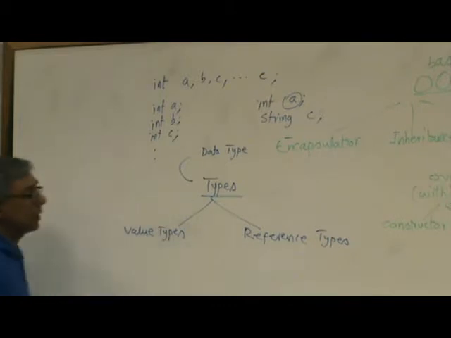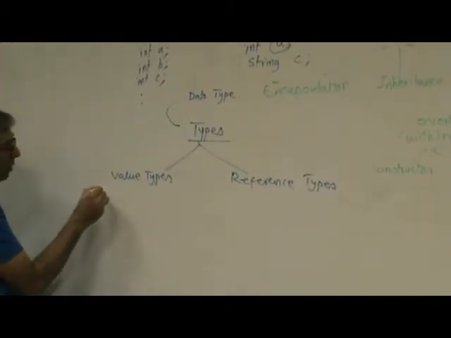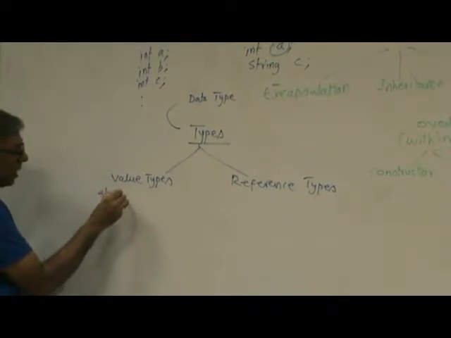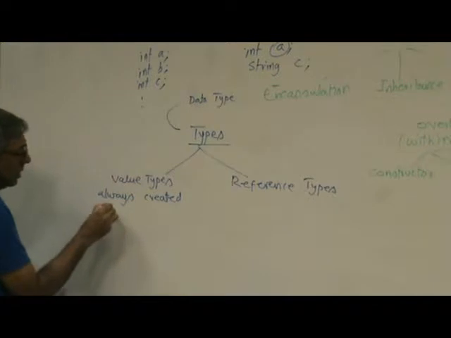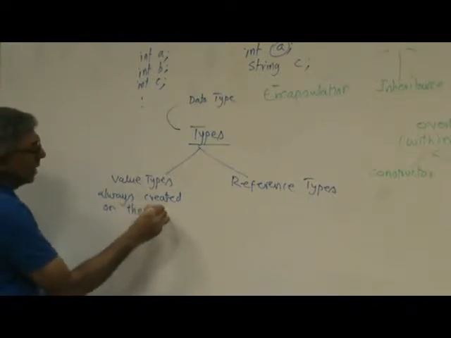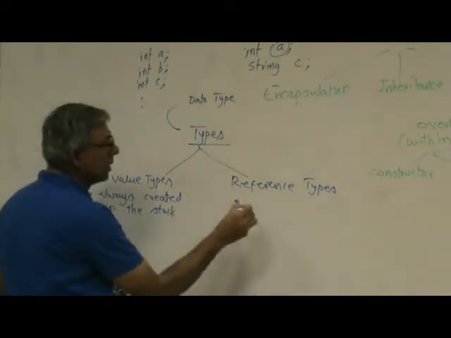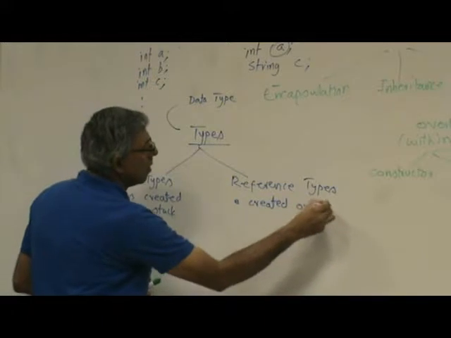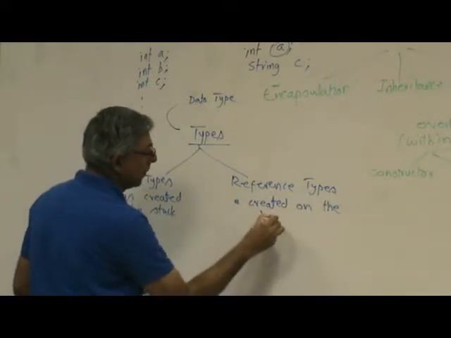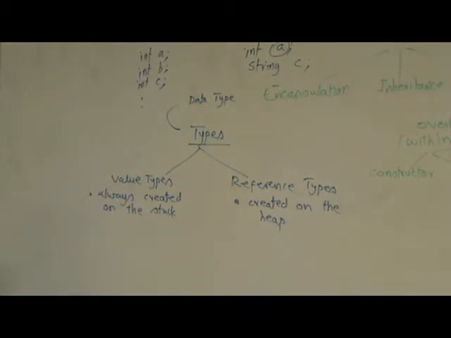Okay, what's the difference between a value type and a reference type? A value type is always created, if we need the memory for it, on the stack. So that's one difference. A reference type is created on the heap. Okay, so what are the examples of a value type?